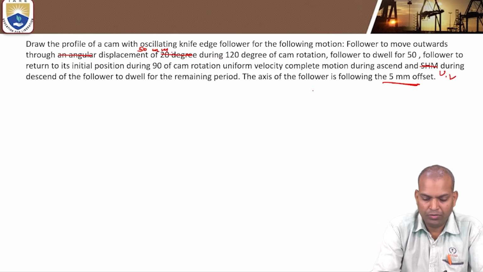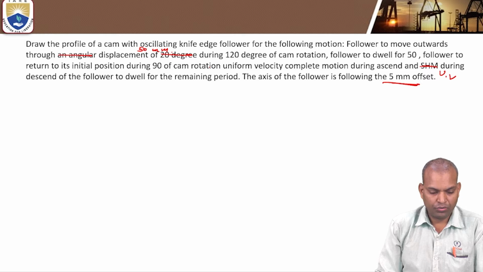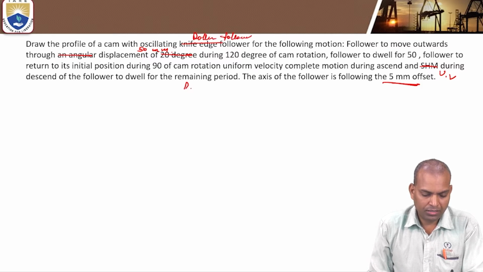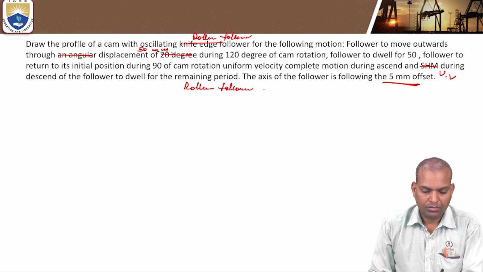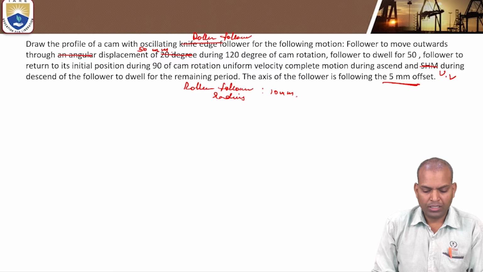The only difference is that instead of an oscillating knife edge follower, we are going to consider a roller follower. Consider the roller follower radius equal to 10 millimeters. So it's a very important case study.